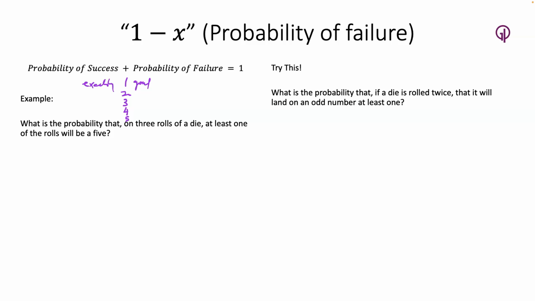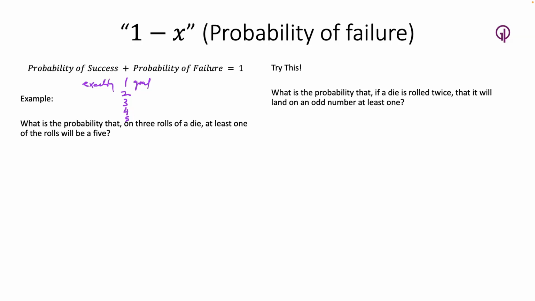Now, what alternative do we have? As we have already discussed, we can consider the probability of failure. That is, the footballer does not score at least 1 goal.